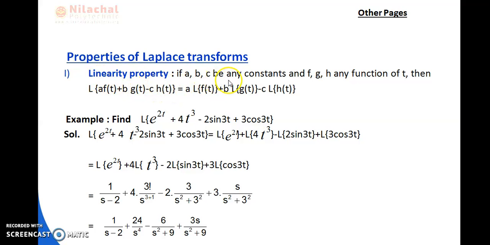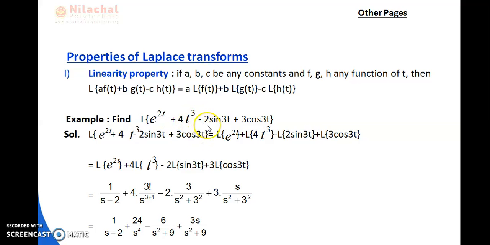If a, b, c are any constants and f, g, h any functions of t, then Laplace of a f of t plus b g of t minus c into h of t can be written as, here a, b, c are constants, and we know constants can be kept outside, so it can be written as a into Laplace of f of t, plus b into Laplace of g of t, minus c into Laplace of h of t.